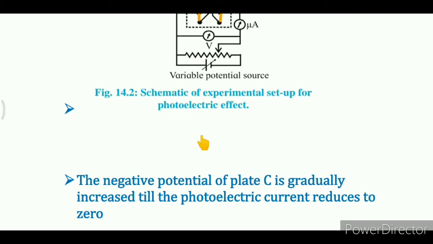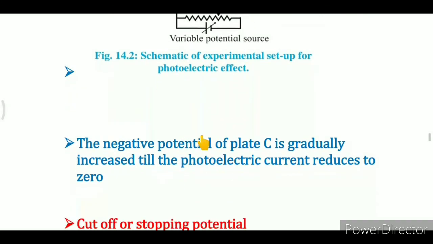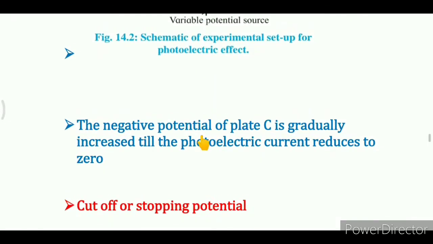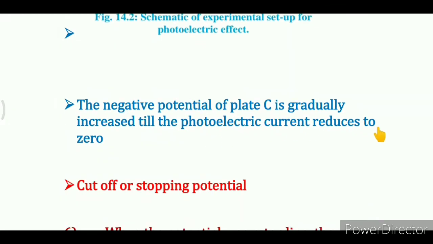When the negative potential of the plate C is gradually increased till the photoelectric current reduces to zero, we obtain this term. So we can define it: the minimum negative potential V naught given to the plate C for which the photoelectric current stops or becomes zero is called the cutoff or stopping potential.